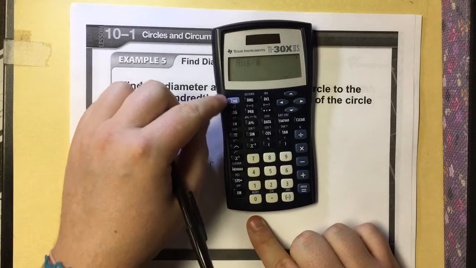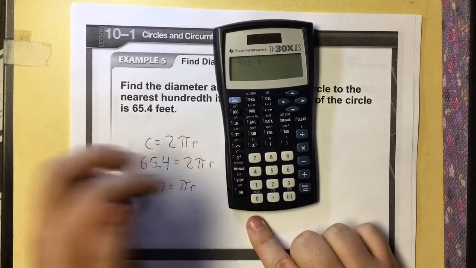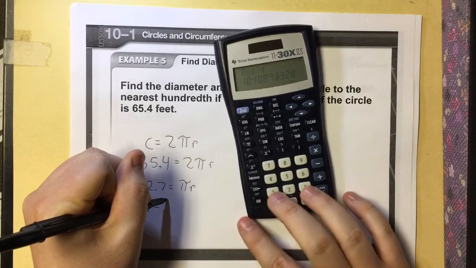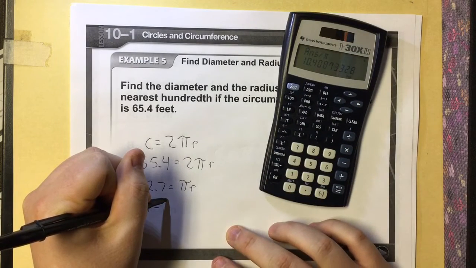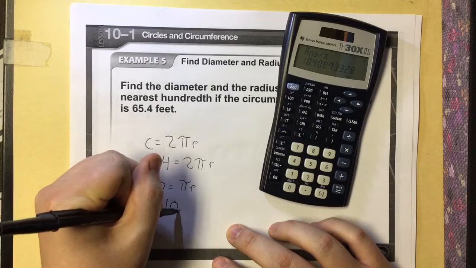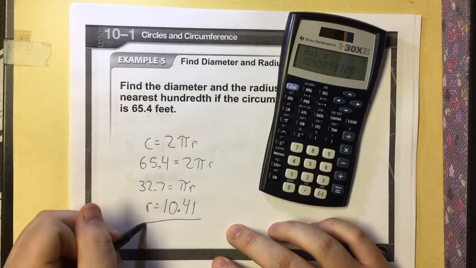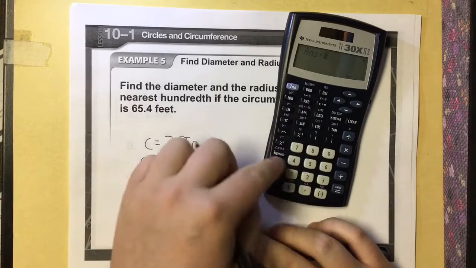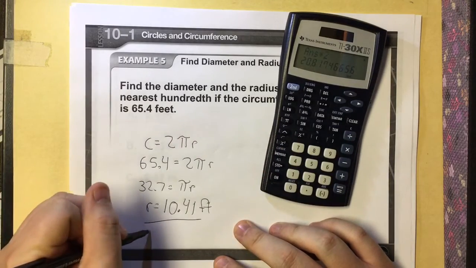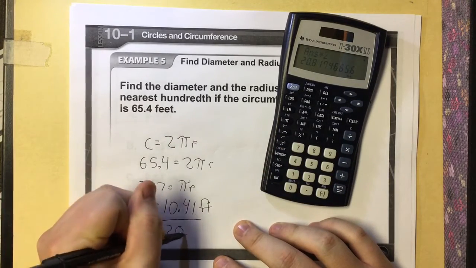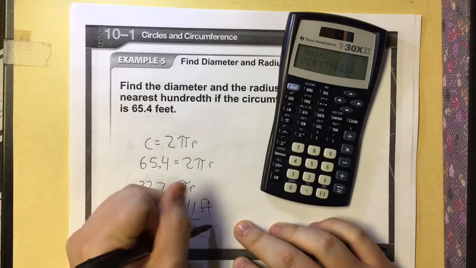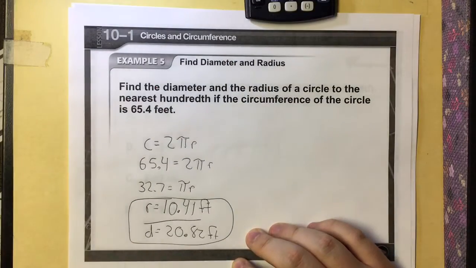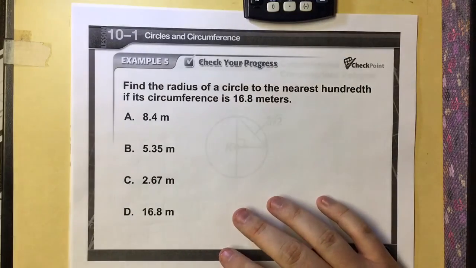Divide that by pi, and I find out that my radius, to the nearest hundredth, so that's 2 decimals, is 10.41 feet. To find the diameter, it asks for both, multiply by 2. The diameter is 20.82 feet. It asks for both radius and diameter, so we'll give them both.